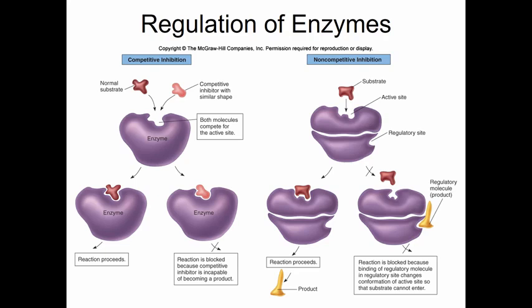When the normal substrate binds to the enzyme, the reaction proceeds. When the inhibitor binds to the enzyme, the reaction is actually blocked. Lots and lots and lots of different types of antibiotics and other drugs work through this exact process. They are competing for an active site on an enzyme.